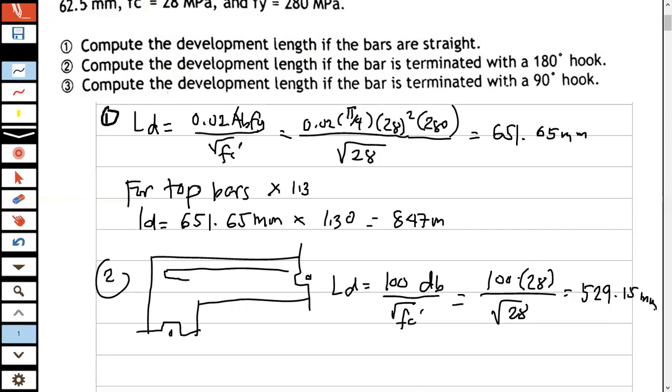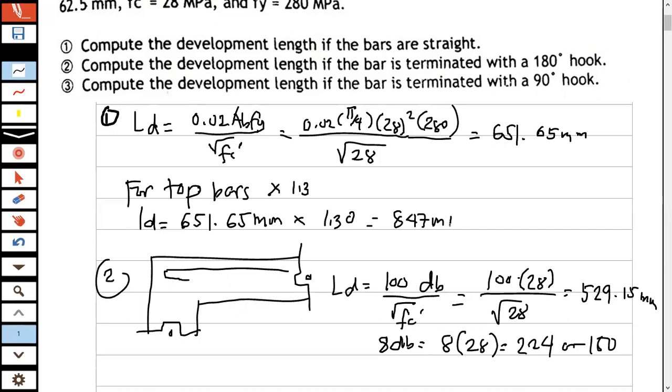Now let us check with the specification. First, what is the minimum? 8 dB or 150? 8 dB, 8 times bar diameter na 28 is equal to what? 8 times 28, 224.